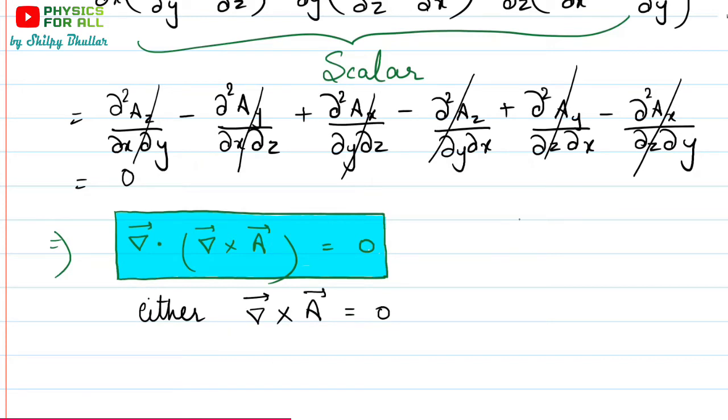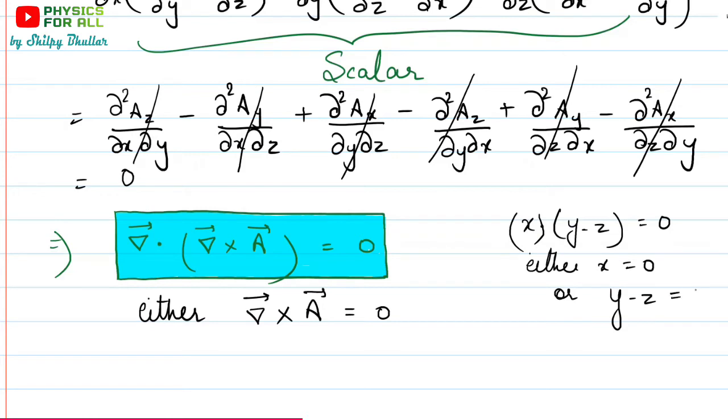Like if we have any quantity, suppose we write x dot y minus z equals 0. In maths, whenever we face a situation like this, we say that either x is 0 or y minus z is 0. Same notion I am using here.